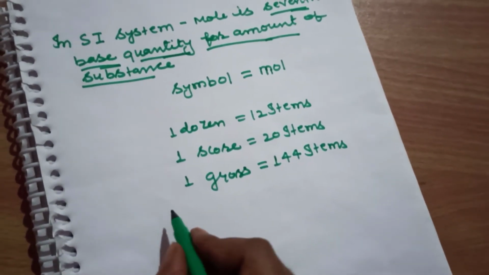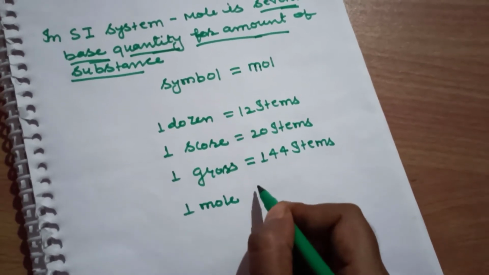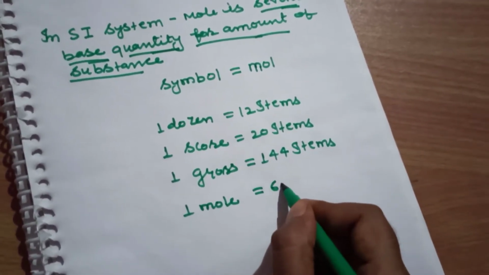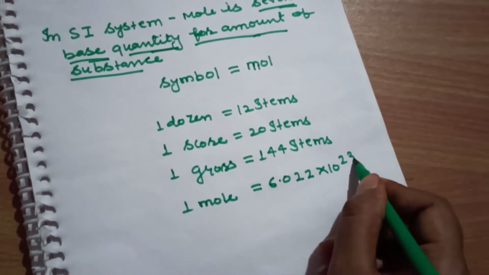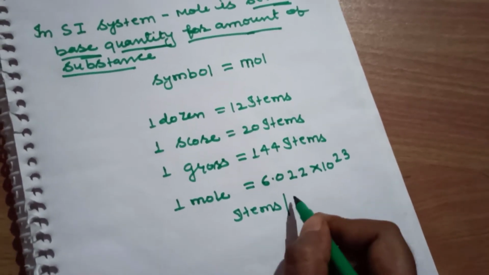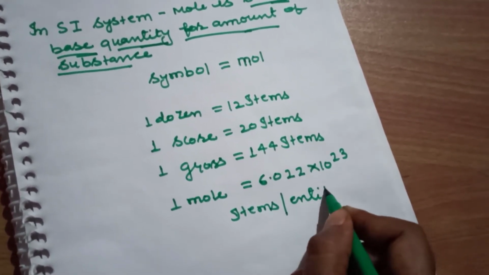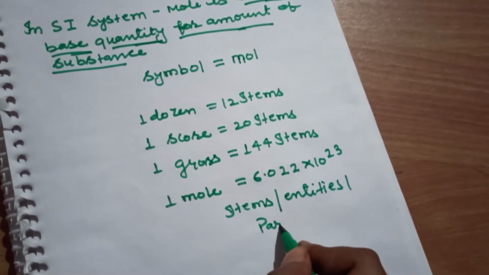In the same way, 1 mole is equal to 6.022 × 10^23 items or entities or particles.